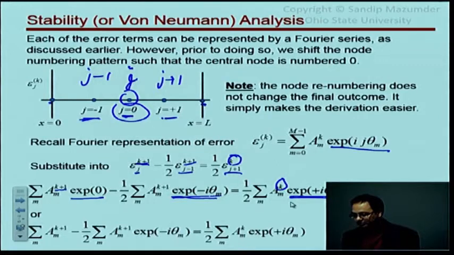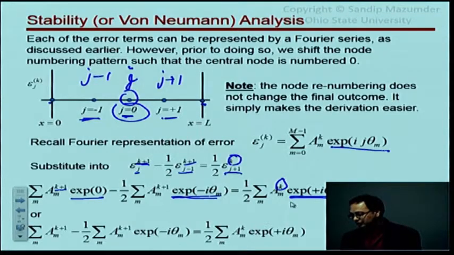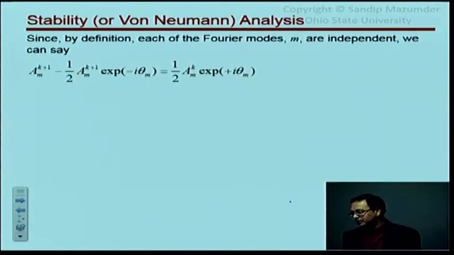Now here is where the independence of the Fourier series comes out. This is a relationship which has summations everywhere, but this relationship needs to be satisfied by every Fourier component, because we cannot linearly combine two Fourier components to give us a third one. That's the argument. The linear independence is what we use to drop the summation and simply have that equation.